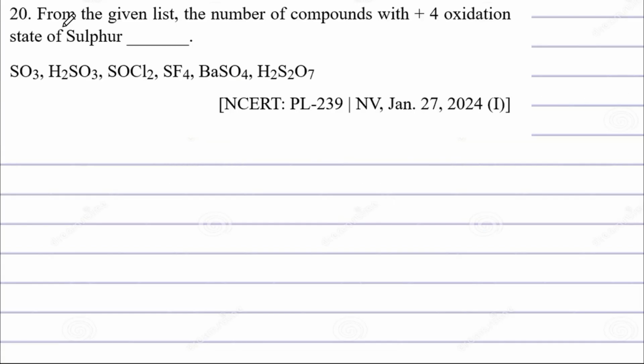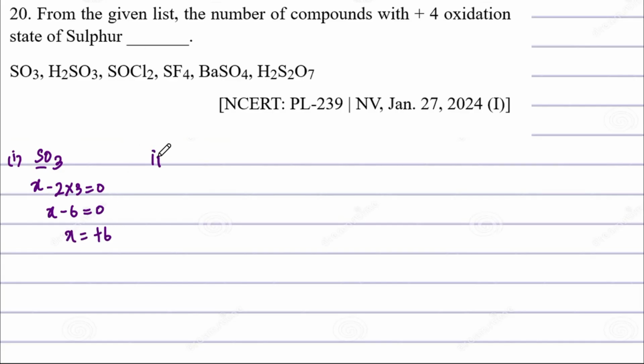The next question is, from the given list, the number of compounds with +4 oxidation state of sulfur is. So let us see the given compounds. The first compound is SO3. Oxidation state of sulfur is unknown. So X -2 into 3 equal to 0. So the value of X is +6.